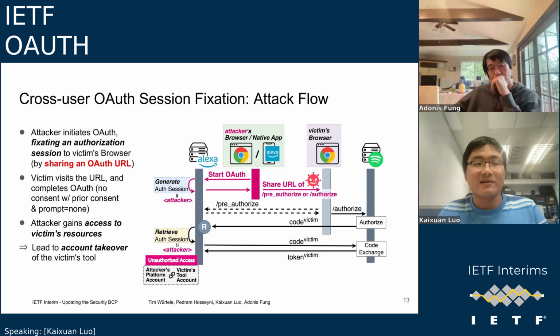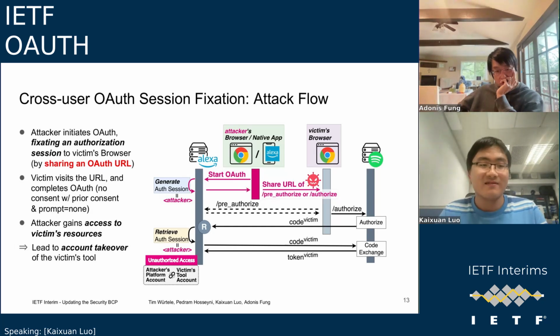It leads to account takeover of the victim's tool. And also here, similar to the code attack, if the victim has already authorized before, probably if prompt equals none is configured, then there's no second consent needed. So it's a pretty stealthy attack, I would say, because the only user interaction needed is a single click on this initial OAuth URL.